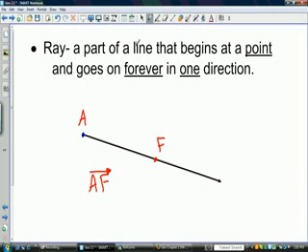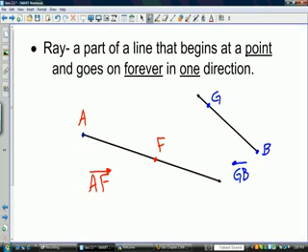Now the part that's confusing about this is if by chance I drew the ray in the other direction. How about I just draw another one over here? We'll name this point B, G. Now we cannot name this GB.